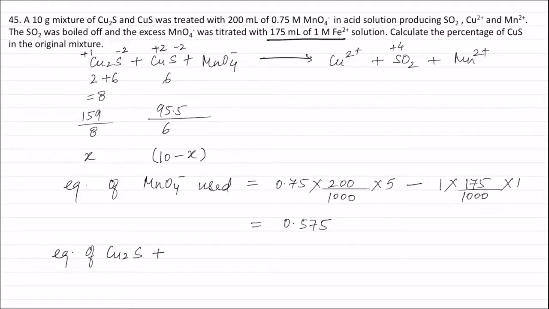will be equal to equivalents of MnO4⁻ used in the reaction, that is 0.575 equivalents. Now equivalents of Cu2S will be equal to weight of Cu2S, that is x gram, divided by equivalent weight of Cu2S, that is 159 by 8, plus equivalents of CuS.